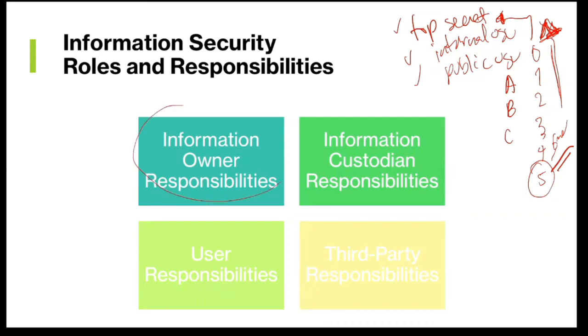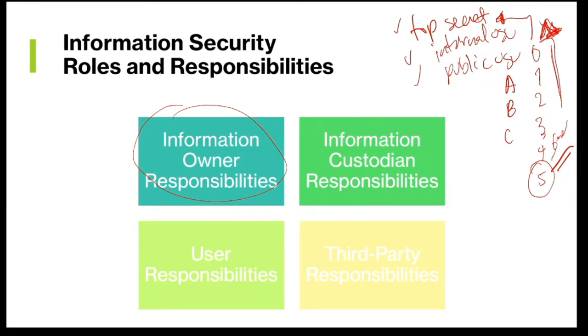So first one, the information owner, which are usually department managers, senior management, or their designees within the organization. They bear the responsibility for acquisition, development, and maintenance of production applications that process information.